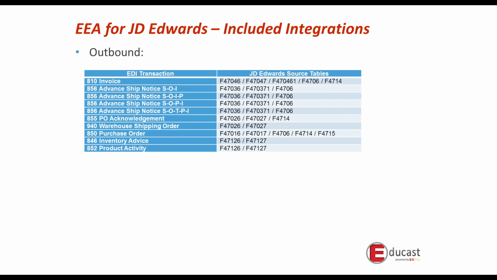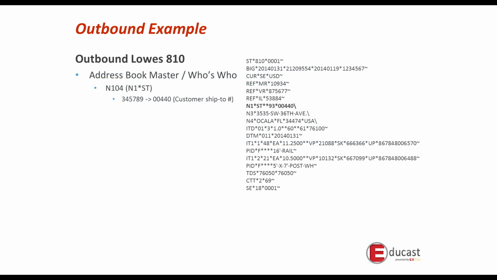So let's move to our next slide, and we'll see how we apply one of our other best practices here for the Lowe's Outbound 810. For Lowe's Outbound 810, we need to supply them with their ship-to location of 00440. This information from our best practice is contained within the Who's Who, which is the F0111 table within JD Edwards.